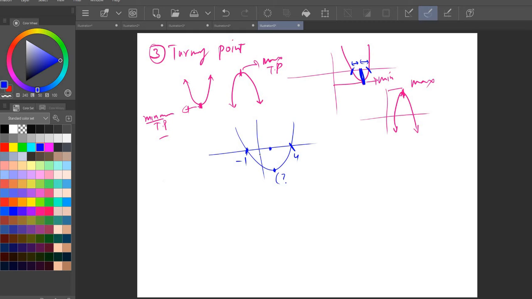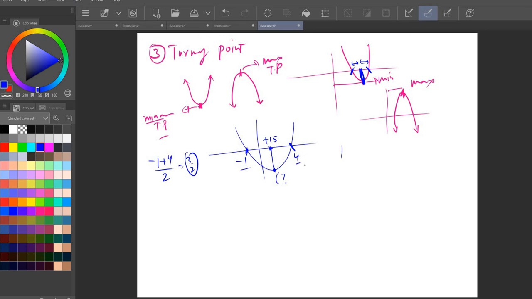right? So what I'll do is I'll find the mean. So I'll add both of these intercept values. So I'll say -1 plus 4, and the mean is you divide by 2. So this will be 3 over 2, which is 1.5. So that value is a positive 1.5, right?